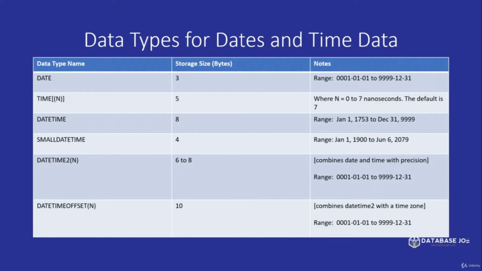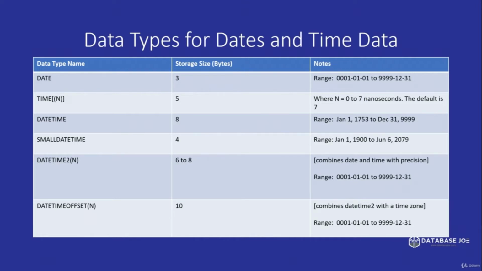Datetime defines a date that is combined with a time of day with fractional seconds that is based on a 24-hour clock. Smalldatetime defines a date that is combined with a time of day. The time is based on a 24-hour day with seconds always 0, and without fractional seconds. Datetime2 defines a date that is combined with a time of day that is based on a 24-hour clock.